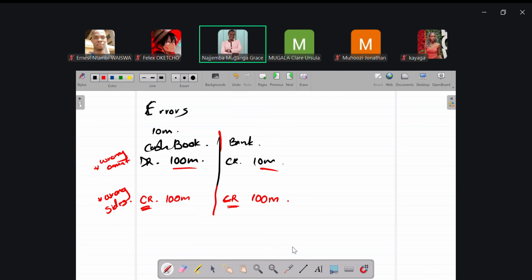There's no way the bank can credit and the cash book also credits. So it could be wrong amounts or wrong sides. Under the wrong amounts, you could think about an undercast where you have posted less, or overcasts where you posted more. We are going to see how we correct such errors and how we conduct a bank reconciliation.